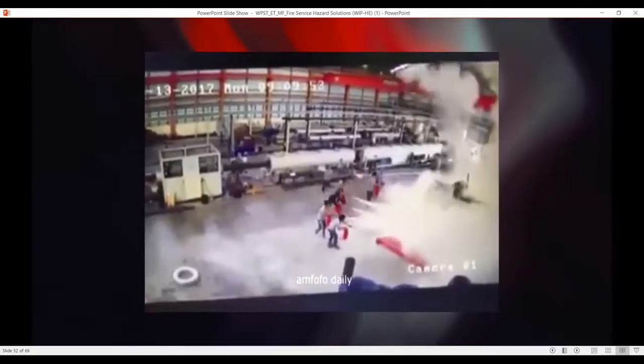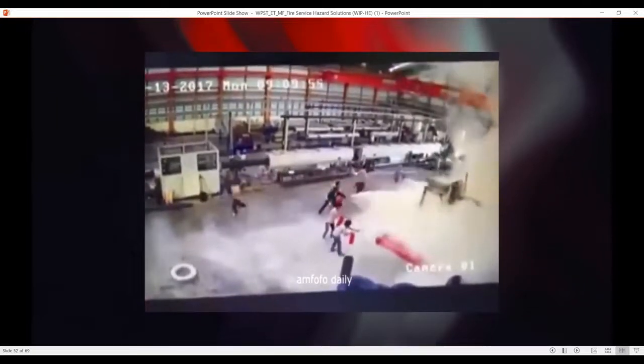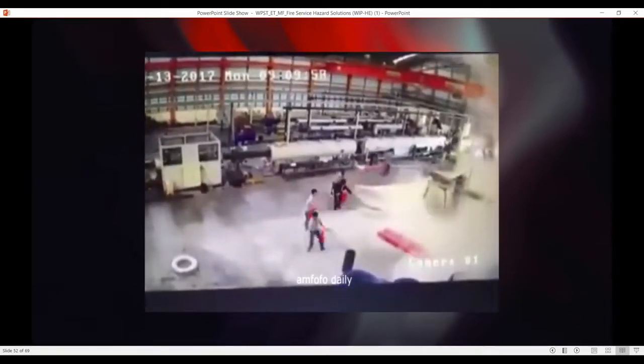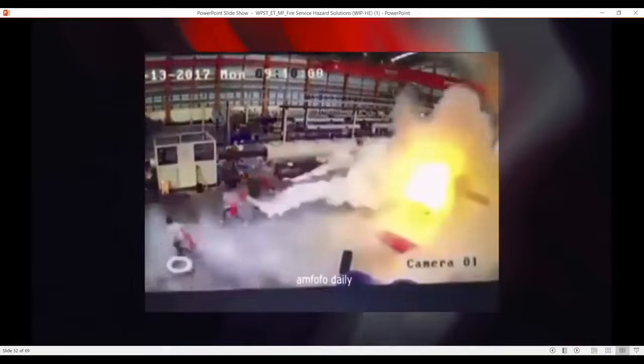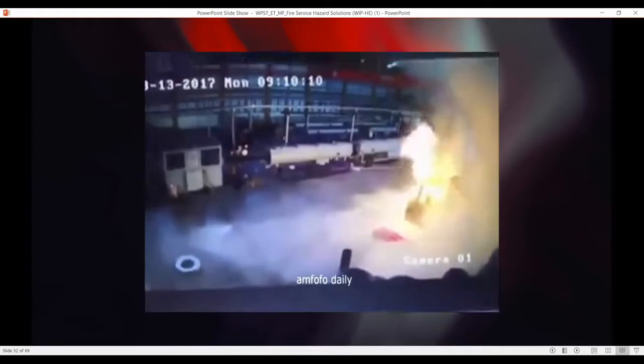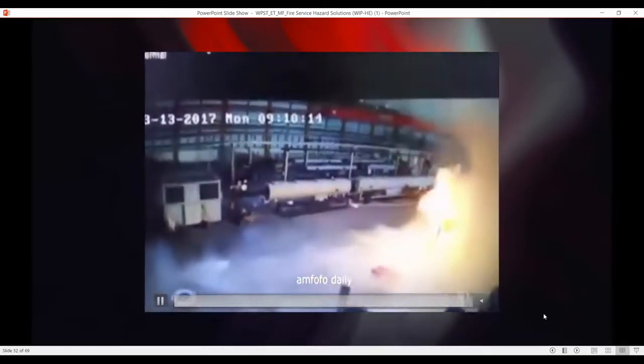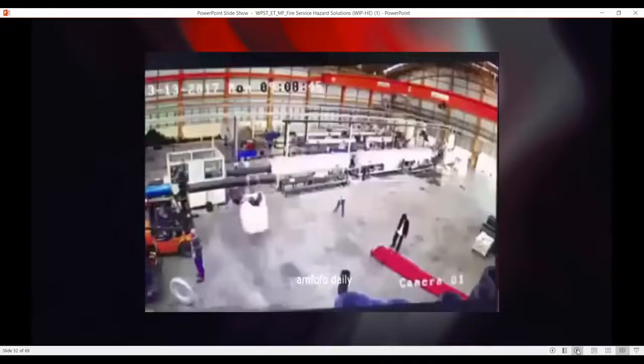They look like they're making some pretty good progress, but all they're really doing is extinguishing some of the Class A materials that are burning. Another battery pack goes into thermal runaway. Again, another fireball. Everybody runs off. And unfortunately, the forklift continues to roll through the facility, spreading the fire and causing additional damage.